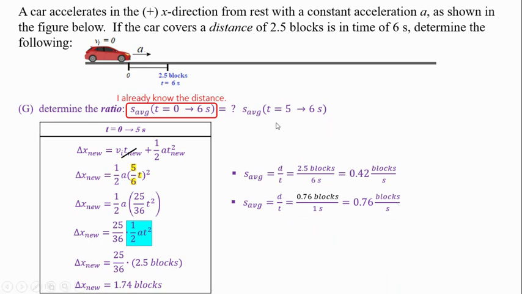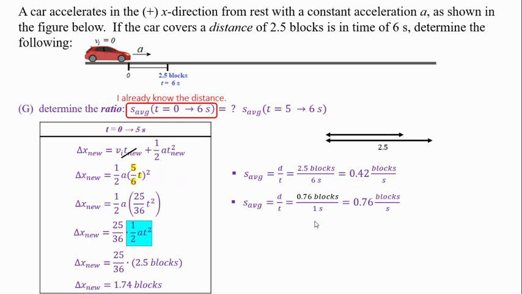However, in the second statement on the right, from 5 to 6, that's a whole new ballgame. And this is where if you don't know what you're finding, you're going to plug in wrong values and get the wrong average speed, and then your coefficient is going to be wrong. The numerator here is 0.76 because, well, we know from 0 to 6 seconds is 2.5 blocks.